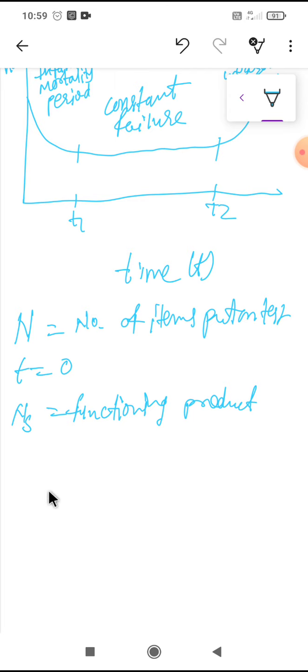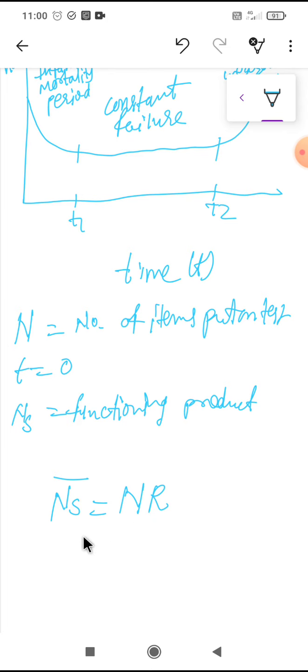Denoting the expected value of Ns by Ns bar, we have that the expected value is equal to n, the number of products put on test, times the reliability of that product.